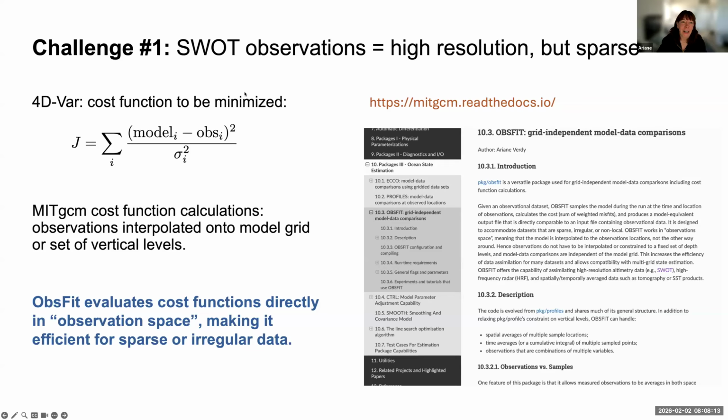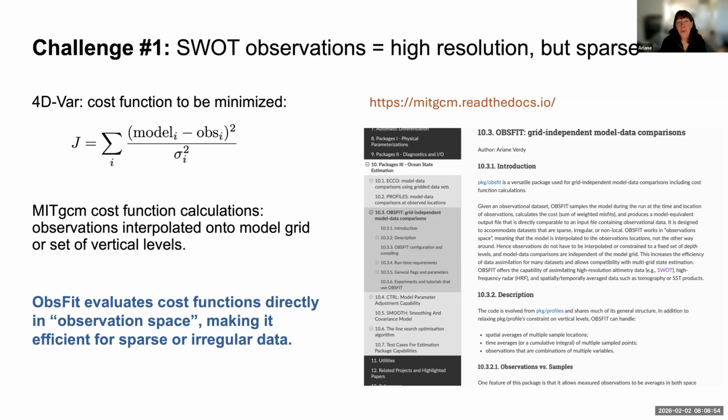So in 4D VAR, we have a cost function that's defined as the squared model data misfit scaled by an uncertainty. And the way this cost was calculated in the MITgcm relied on either interpolating the observations onto the model grid or interpolating them onto a fixed set of vertical levels, neither of which works particularly well for the sparse SWOT data set.